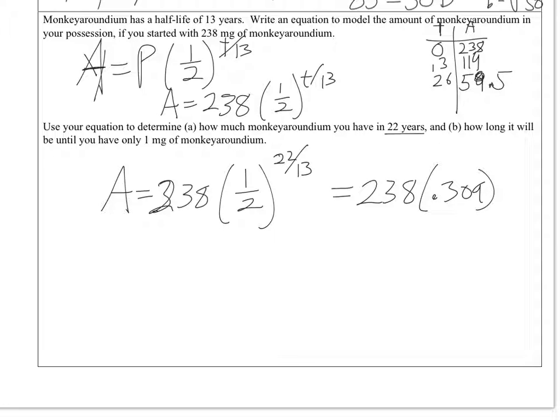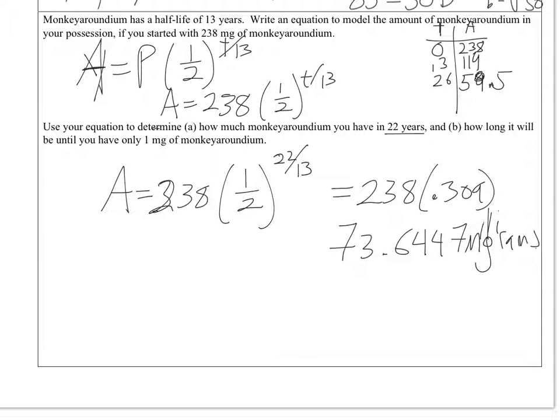You can tell when I have my phone calculator instead of a big calculator because it takes me longer to do the math. Times 238, which is going to be 73.6447 grams. I'm sorry, milligrams.